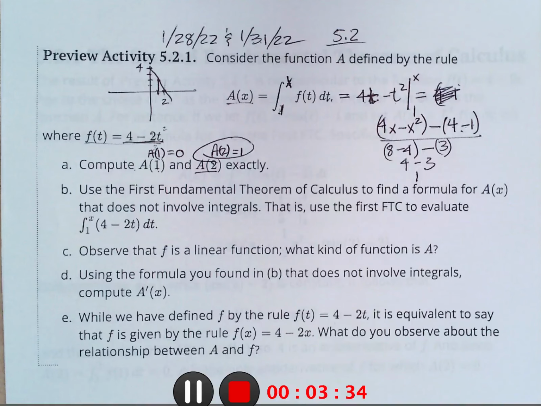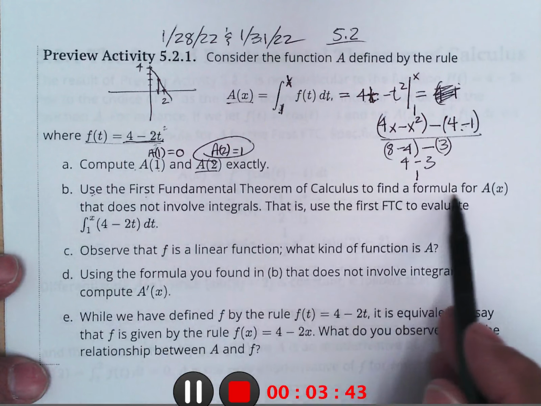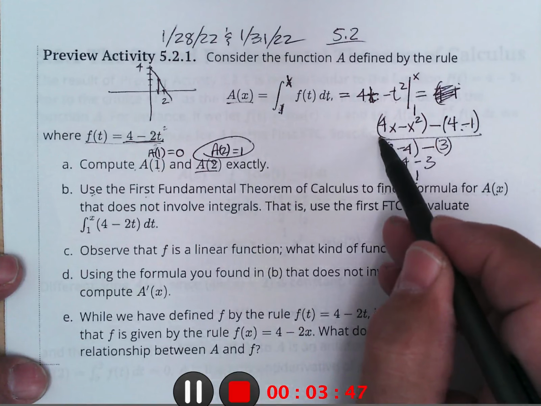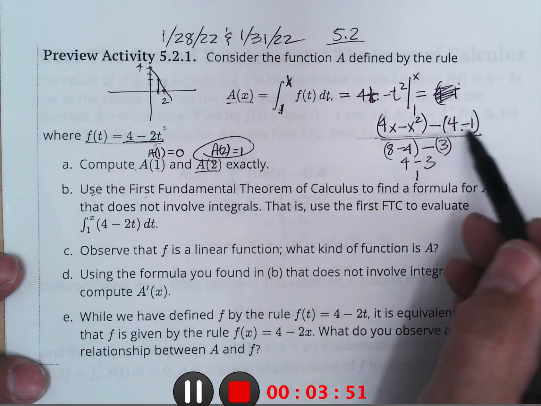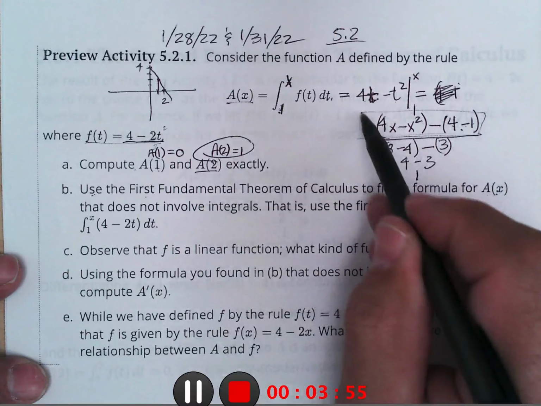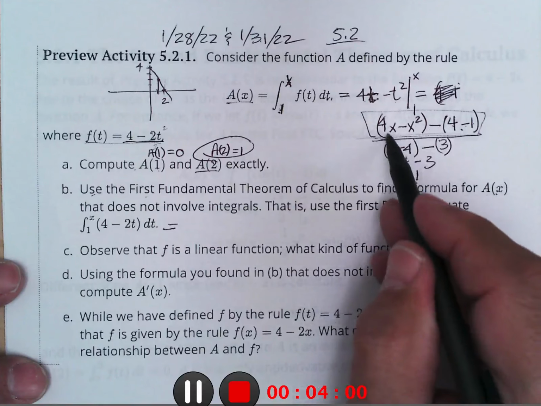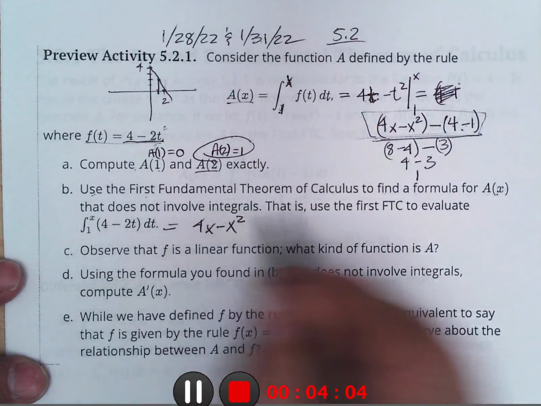Okay. Use the first fundamental theorem of calculus to find a formula for A of x. Well, we just did that right here. If we just leave it x, this is what it would look like, which is 4x minus x squared minus 3.